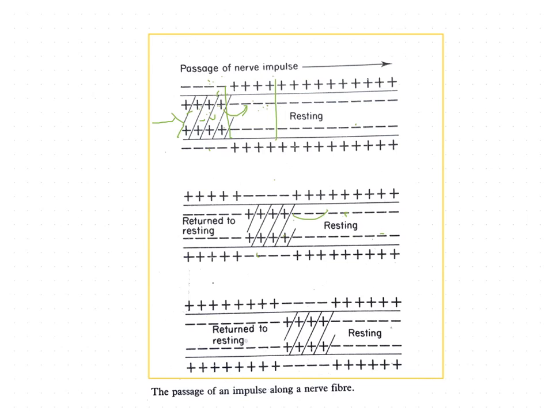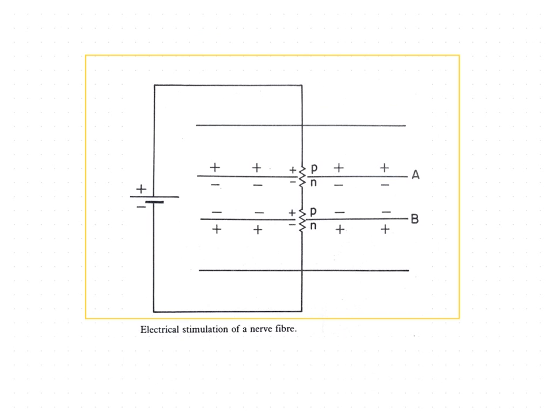Now we will see the electrical stimulation of the nerve. What is going to happen during the electrical stimulation of the nerve? A nerve impulse can be initiated by an electrical stimulus. To achieve this, a varying current of adequate intensity must be applied.